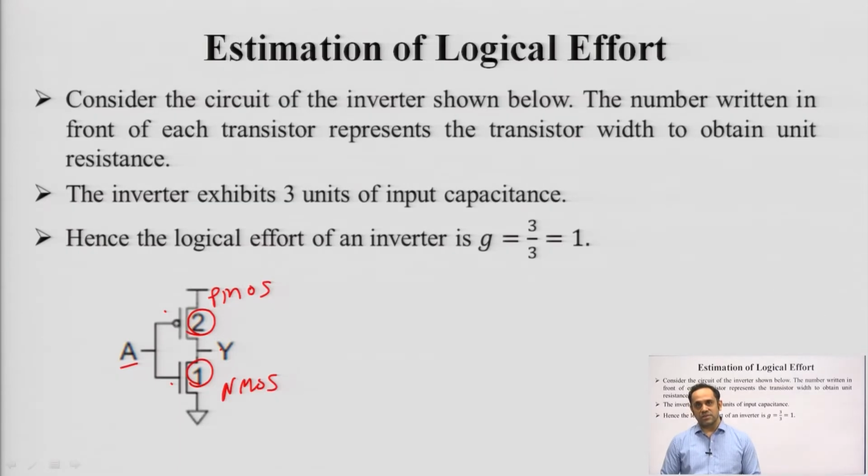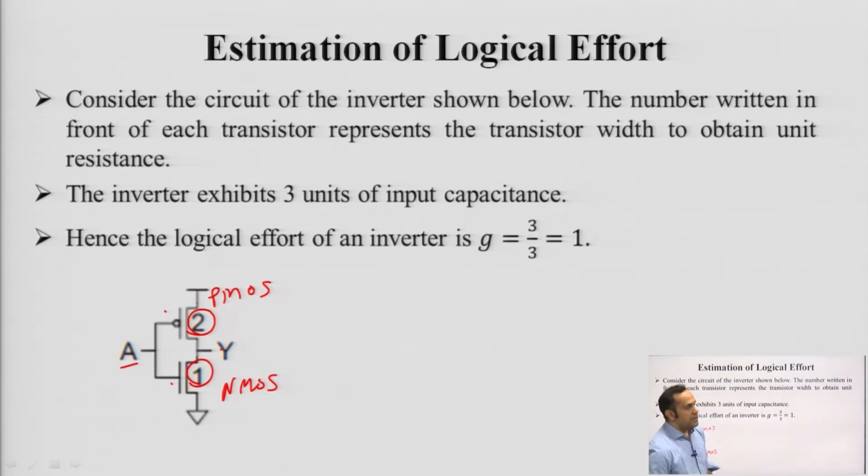It has a certain resistance R and a certain capacitance C. If the width of the transistor is increased by k times, the resistance reduces by k times compared to the unit transistor. So, a transistor with k times the width of the unit transistor will have a resistance R by k and capacitance k times C.